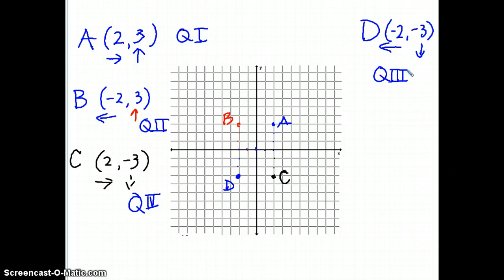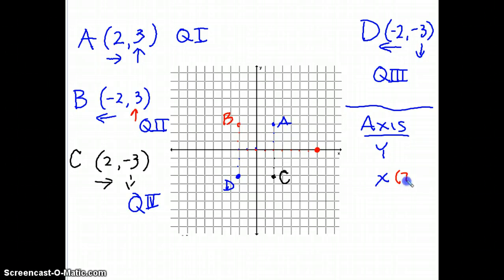Now, we do have chances when it doesn't end up in a quadrant, it ends up on an axis. So we have either the y or the x-axis it could end up on. So if I'm looking at this point right here, and I start at the origin, I'm going to move 1, 2, 3, 4, 5, 6, 7 units.